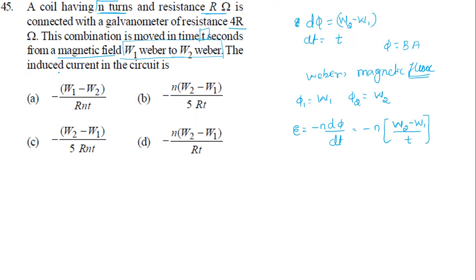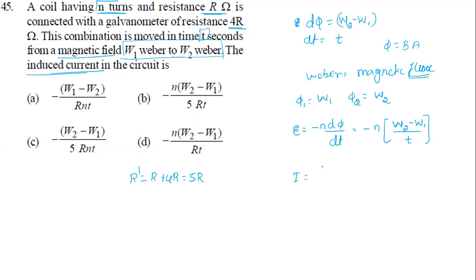But they are asking for the induced current, so I need to find the current. What is the resistance here? R and 4R. Connected with the galvanometer means it must be a series combination, so the effective resistance becomes R plus 4R, that is 5R.